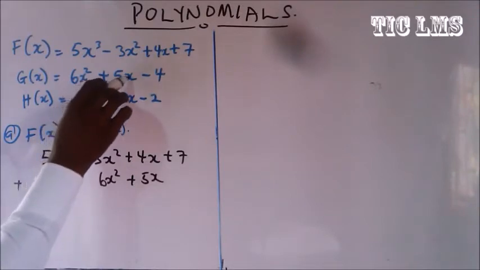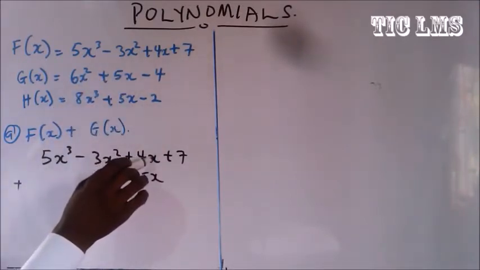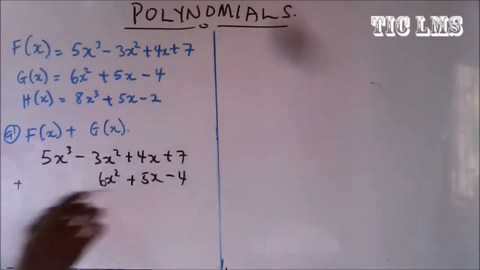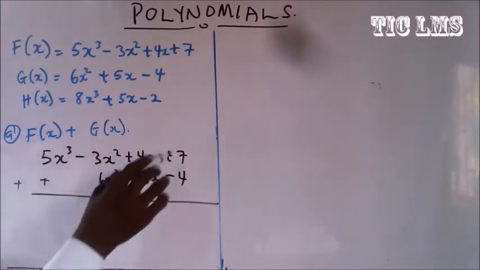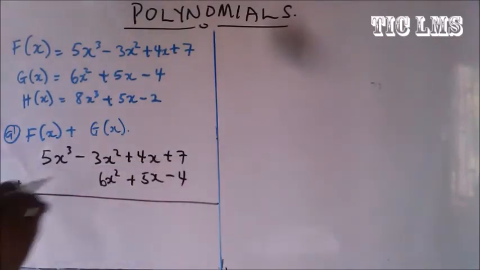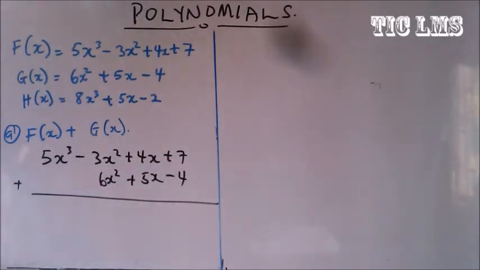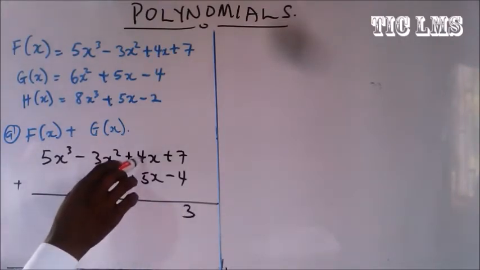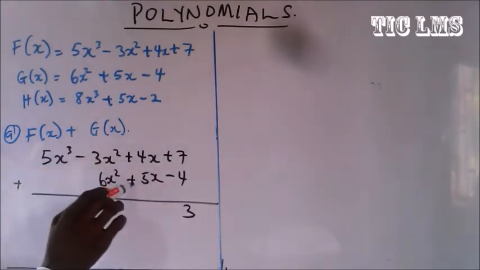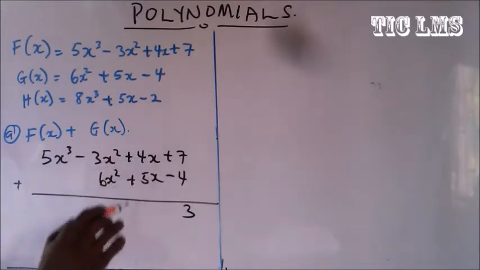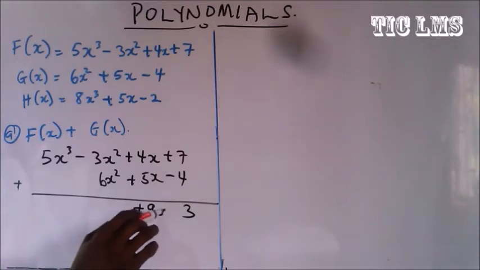So you can see that the 5x here has correlated with the 4x here, and then minus 4. So what we need to do is to add this. To add it, we'll say 7 plus minus 4, which is the same as saying 7 minus 4, and that is 3. And then 4x plus 5x, and that is 9x.